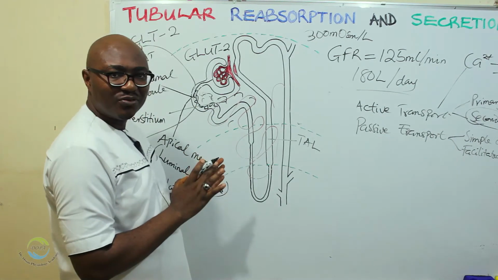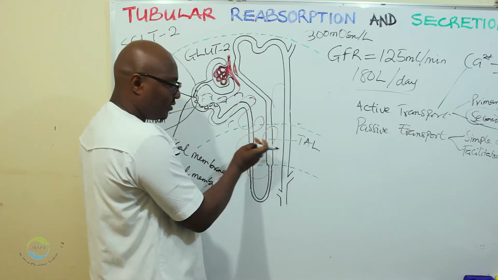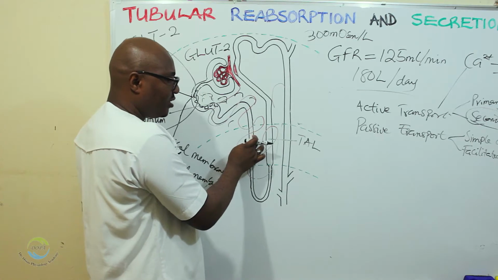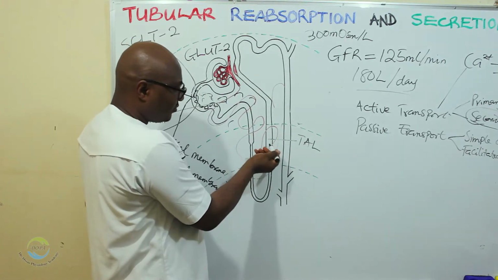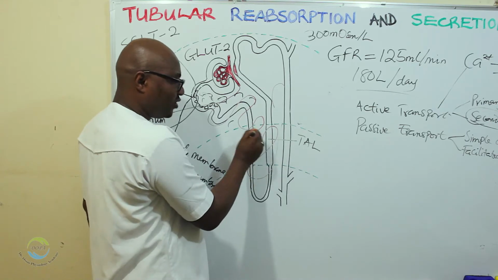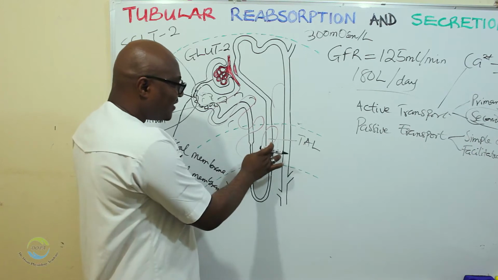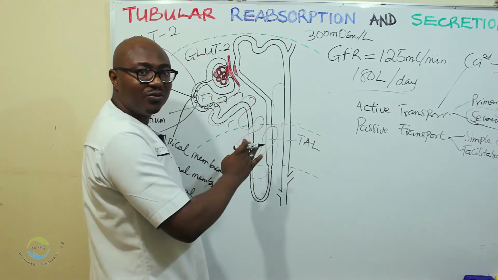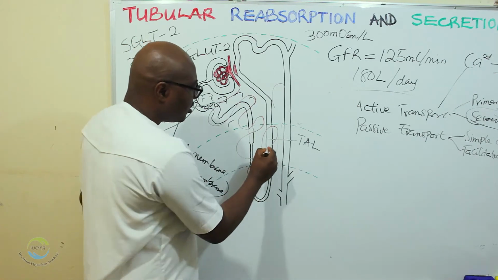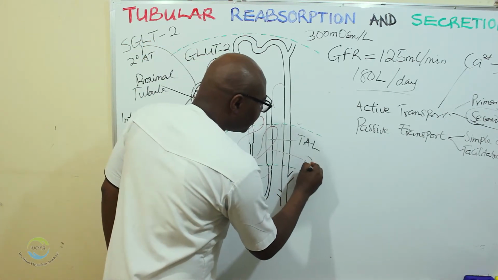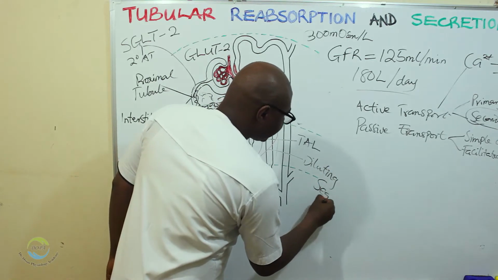So what do you think it will result in? Water is not leaving and entering the interstitium, but solutes are leaving from inside here and entering. Sodium is leaving and entering. What does that mean? That means this segment of the fluid becomes more and more dilute. So that's why it is called the diluting segment.